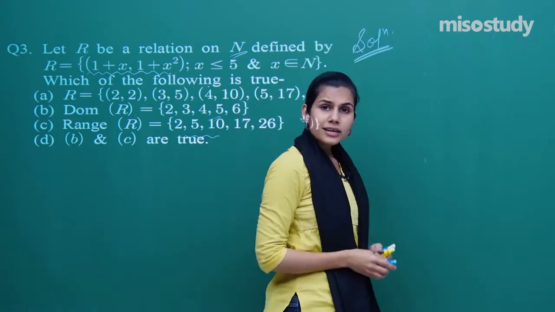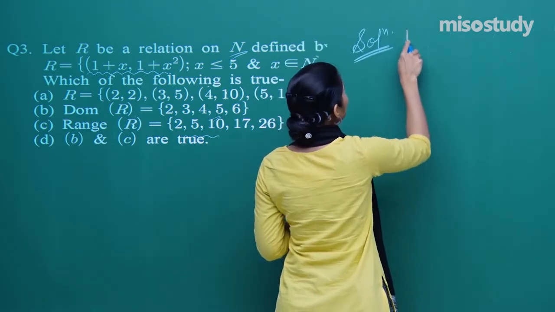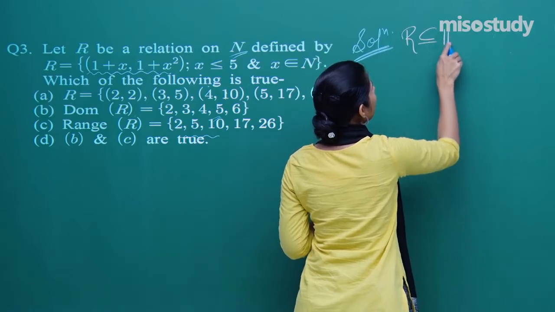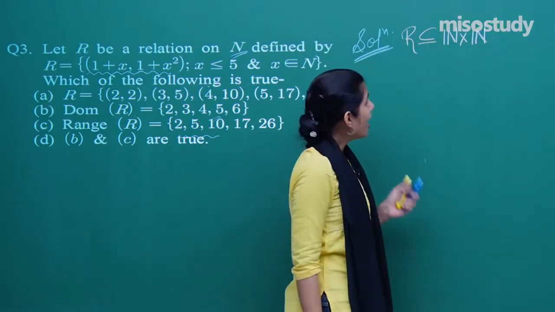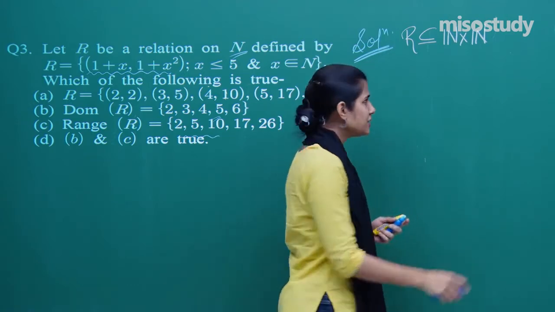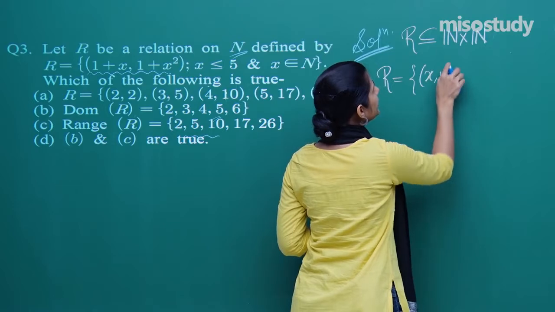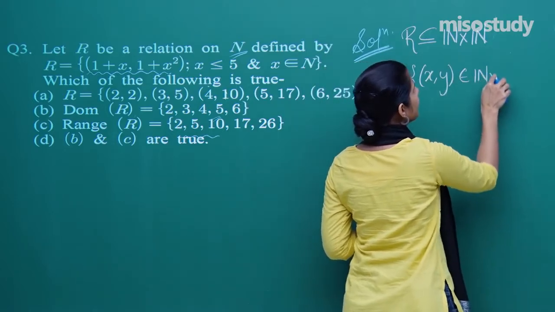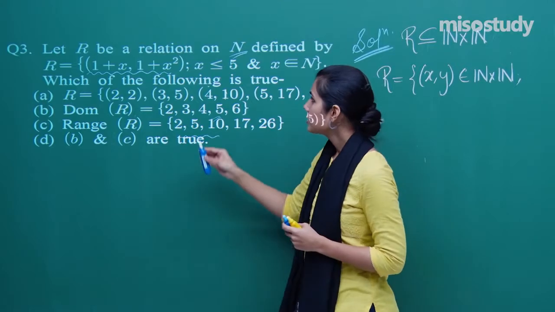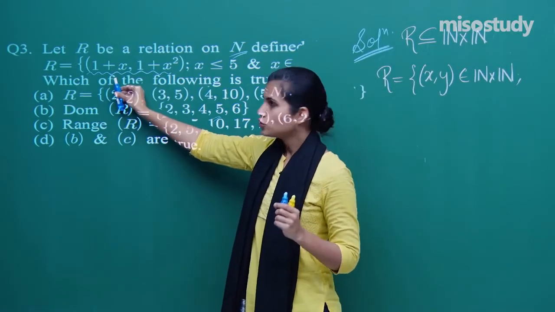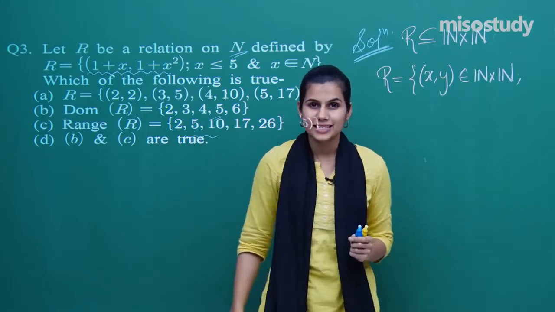We are given that R is a relation on the set of all naturals. This means my R is a subset of N cross N, such that inside the relation R sit those ordered pairs belonging to N cross N such that the first component should look like 1 plus x and the second component should look like 1 plus x square.